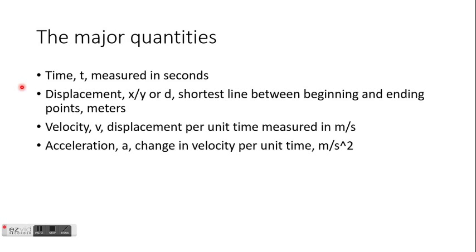It's the shortest line between the beginning and ending points, which is why it's different than distance, and it's measured in meters. You have velocity, which is displacement per unit time, usually measured in meters per second. And acceleration, represented by an a, which is the change in velocity per unit time, and it's meters per second squared.